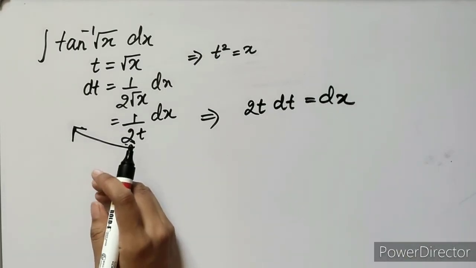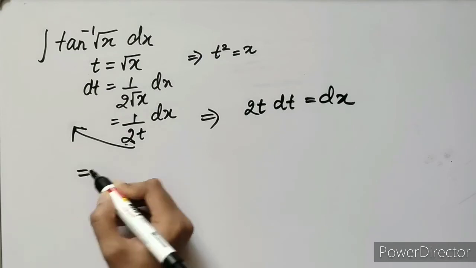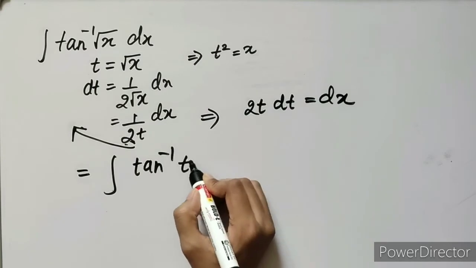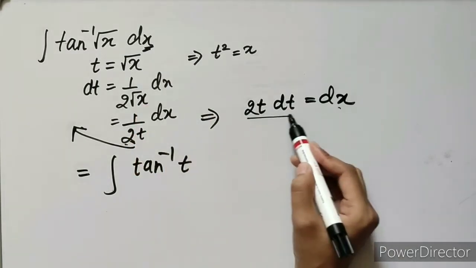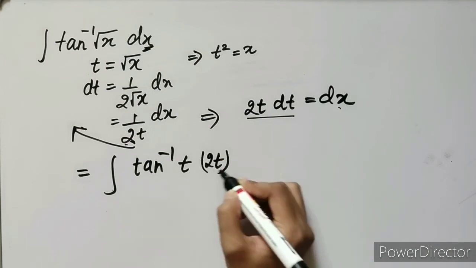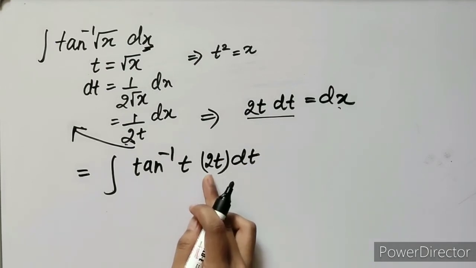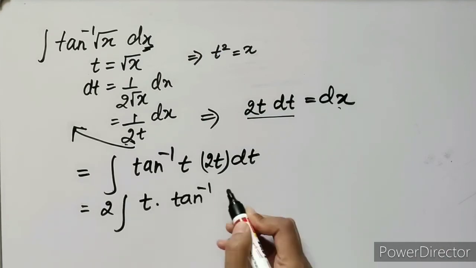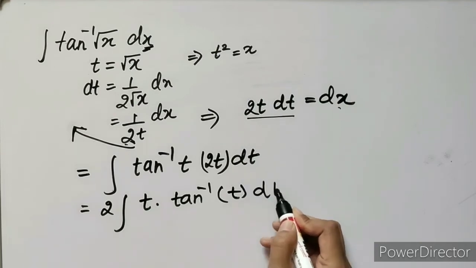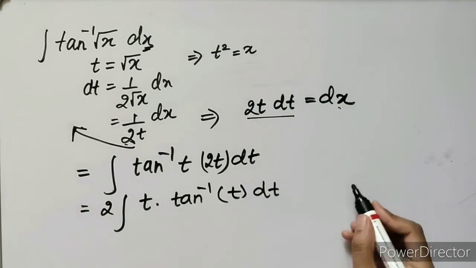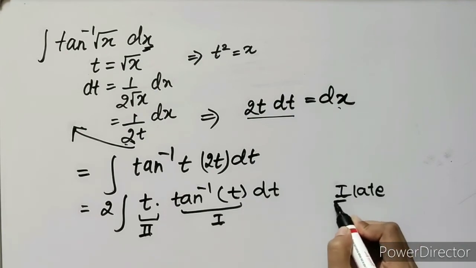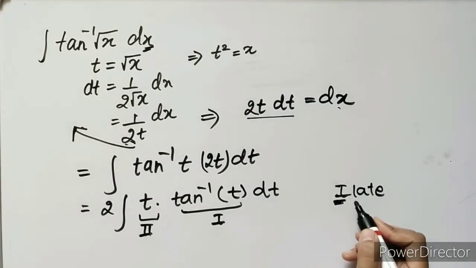Now just put the values in the main integral. This implies that tan inverse root x is equals to tan inverse t, and instead of dx you have to put this value, which is 2t dt. I'm just taking this 2 outside of the integral, which is 2 integral of t tan inverse t dt. Now we have to apply ILATE, and according to it, this is your second function and this is your first function, because inverse trigonometric functions are treated as the first function.